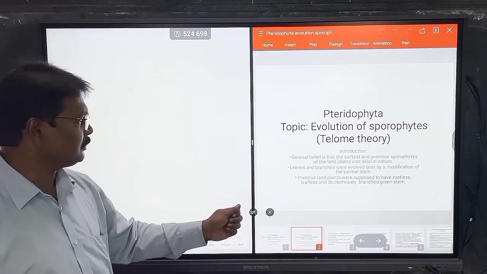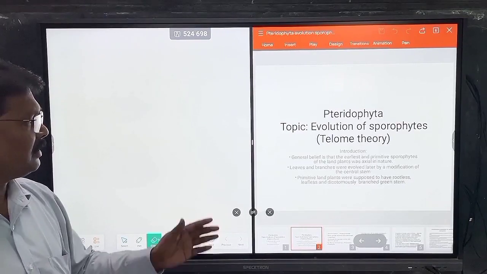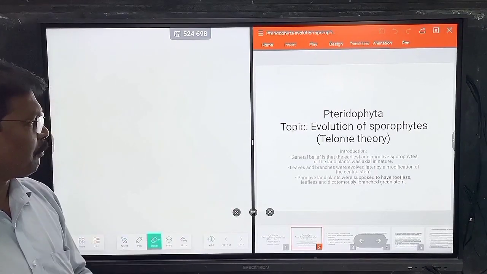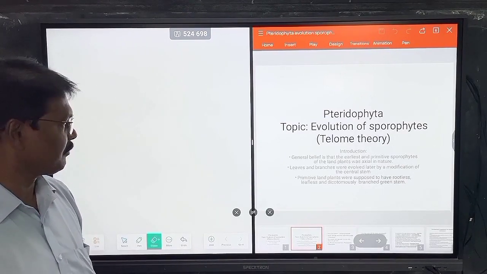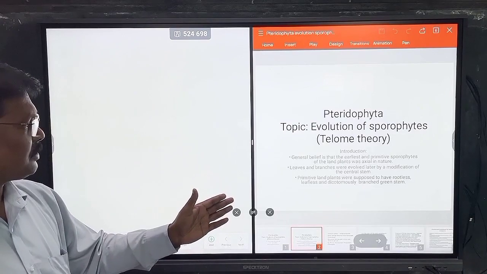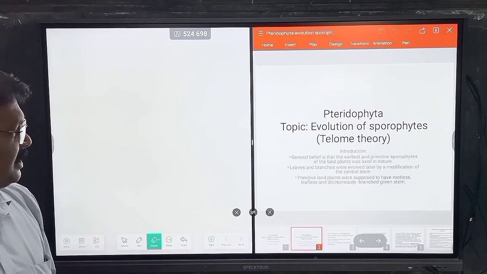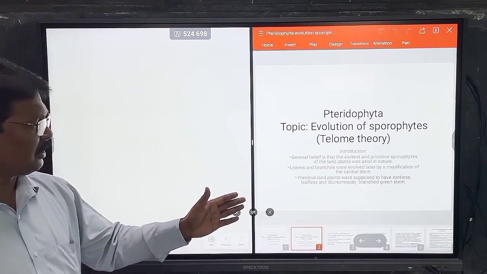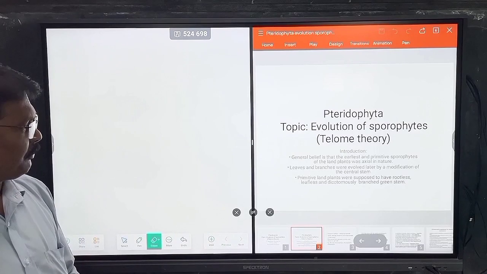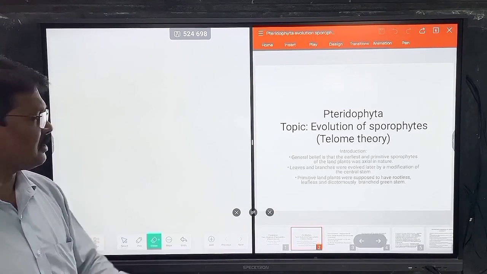Generally, it is believed that the earliest and primitive sporophytes of the land plants were axial in nature. The leaves and branches evolved later by a modification of the central stem. The primitive land plants were supposed to have rootless, leafless, and dichotomous branched green stems.